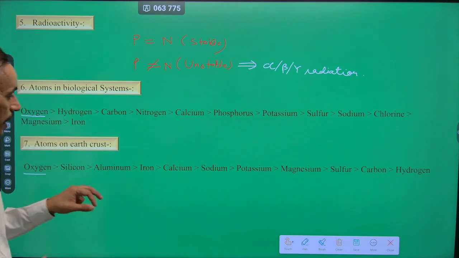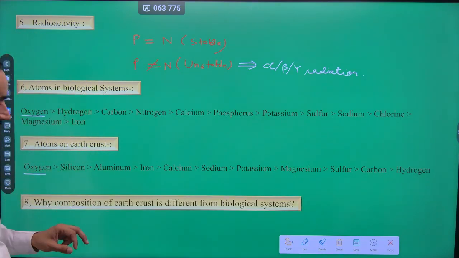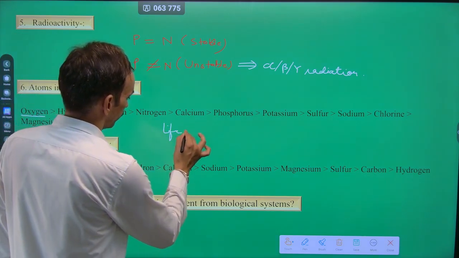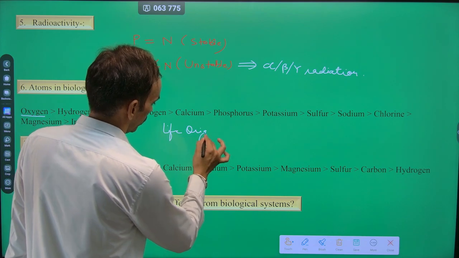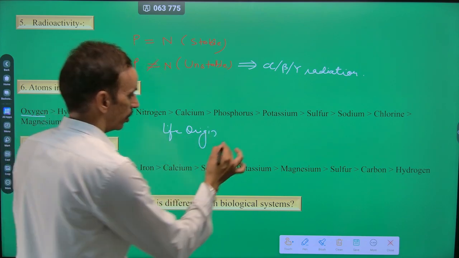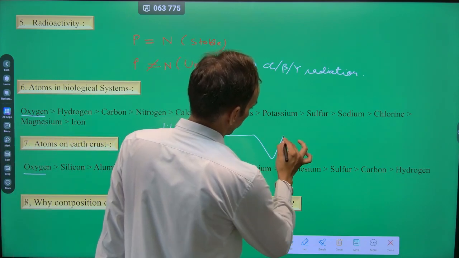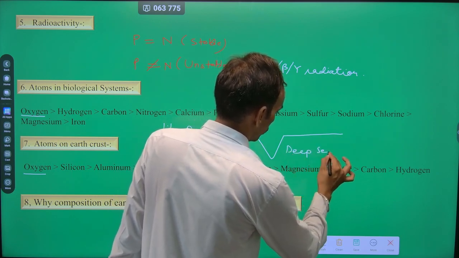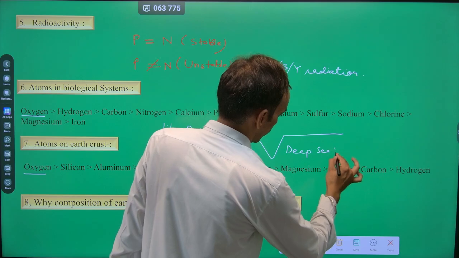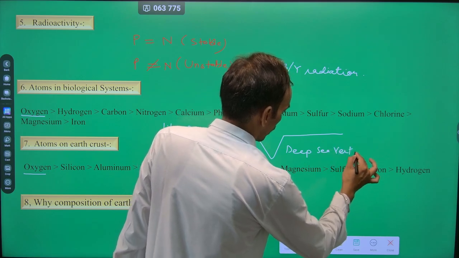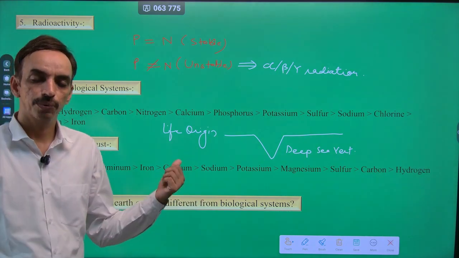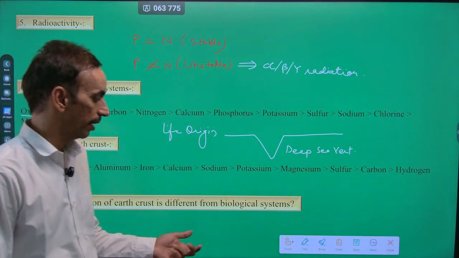Because life did not originate on the earth's surface. Life originated in the deep sea vents और उस टाइम पे वहां पे जो कंपाउंड या एटम्स अवेलेबल थे उन्हीं को यूज करते हुए लाइफ का फॉर्मेशन हुआ है. इसीलिए बायोलॉजिकल कंपोजिशन is different from the earth composition.